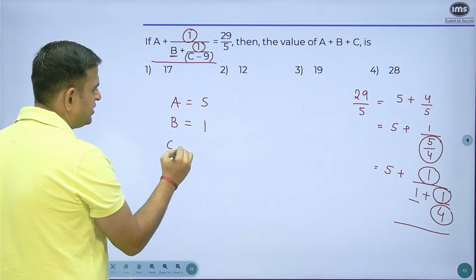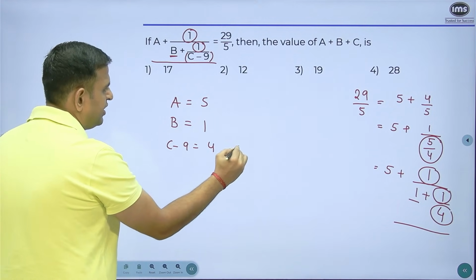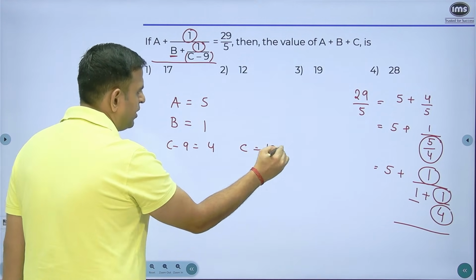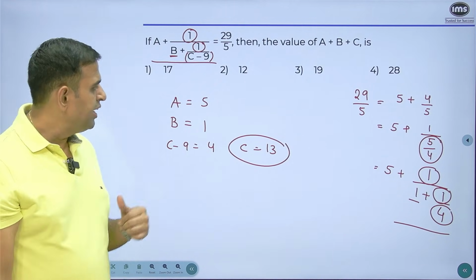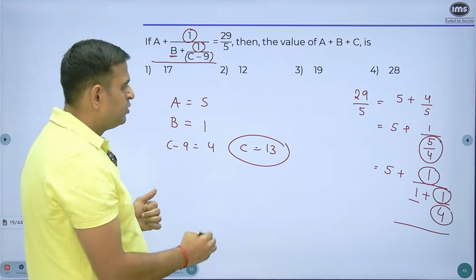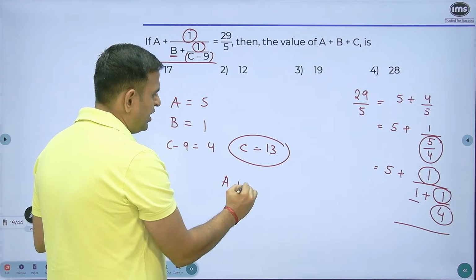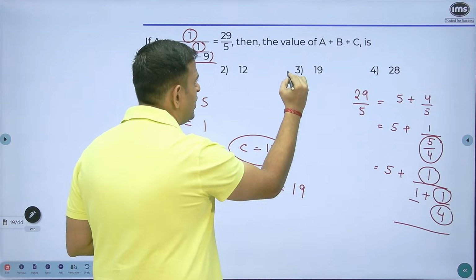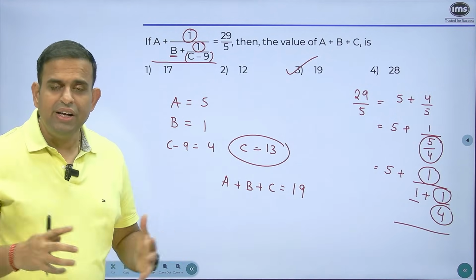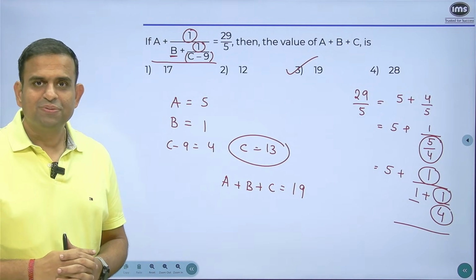If C minus 9 is equal to 4, then C must be equal to 13. You can see we got A as 5, B as 1 and C as 13. So the required sum A plus B plus C will become equal to 19. So one can choose to mark option number 3 as the answer for this question.